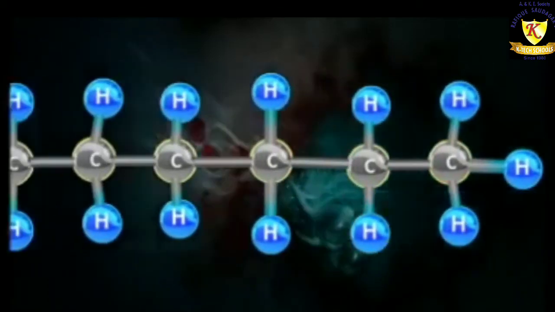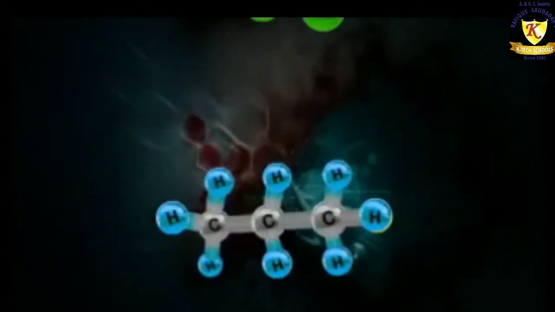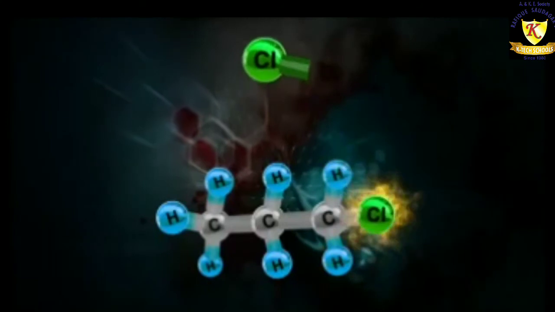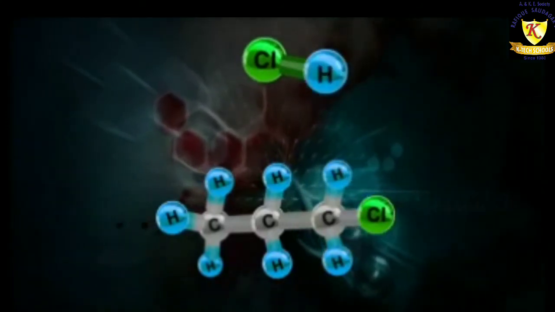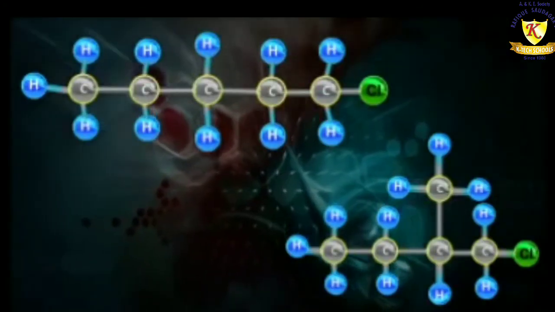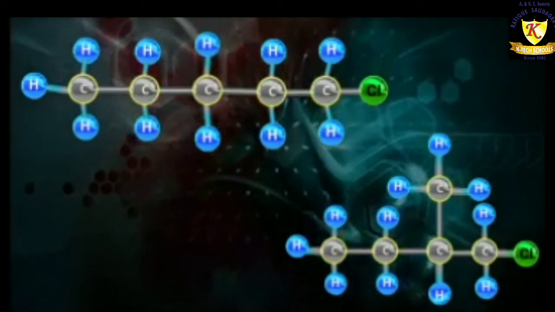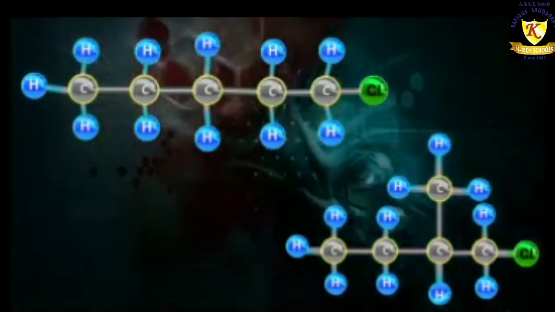You have seen that chains of different lengths are formed by joining the carbon atoms to each other. Moreover, you have also seen that a functional group can take the place of a hydrogen atom on these chains. As a result of this, a large number of compounds are formed having the same functional groups but different lengths of carbon chain.